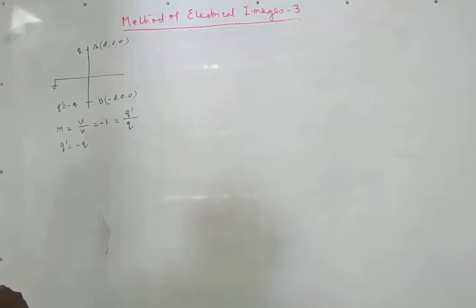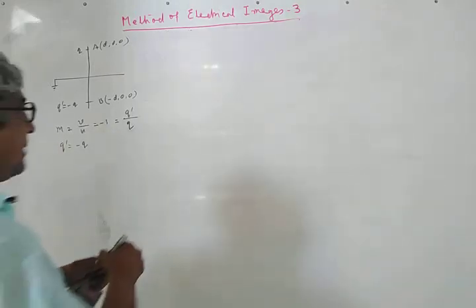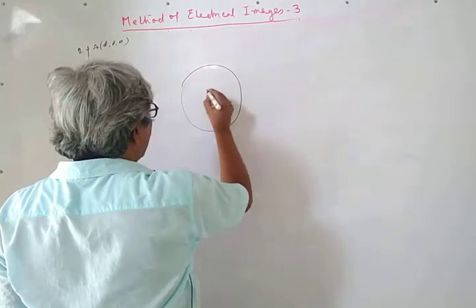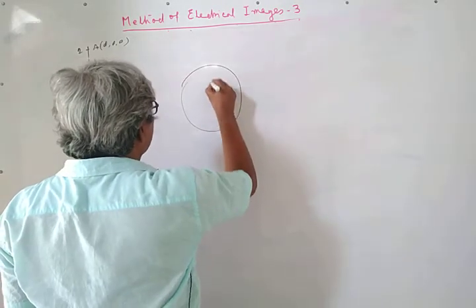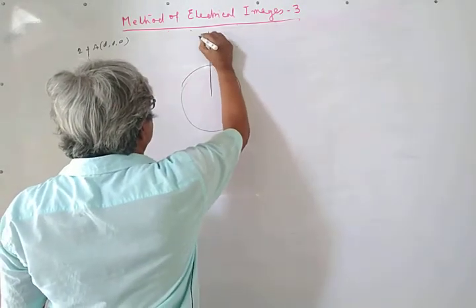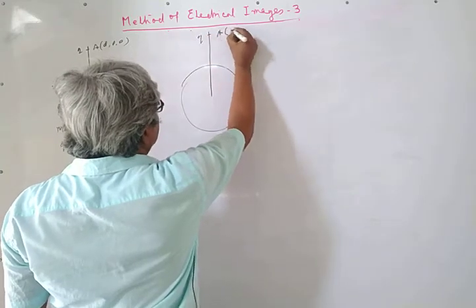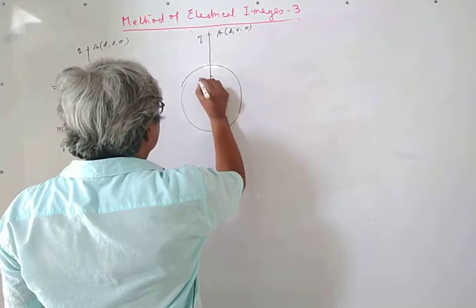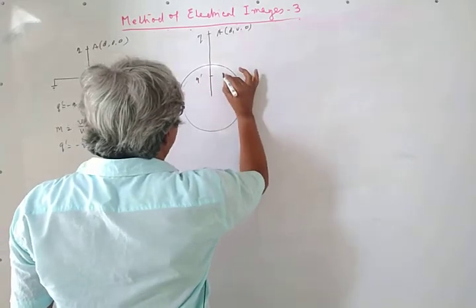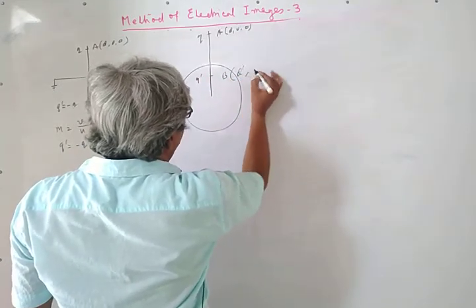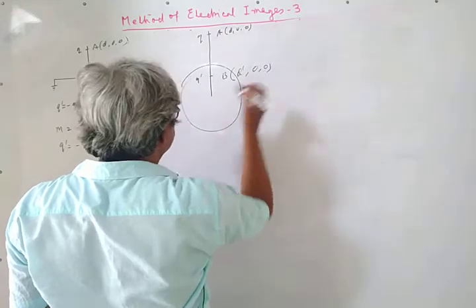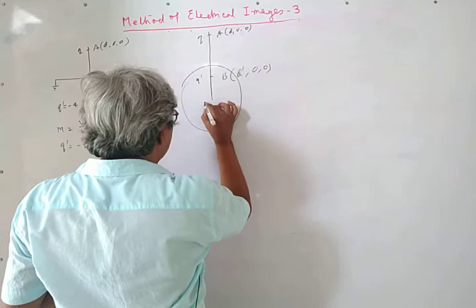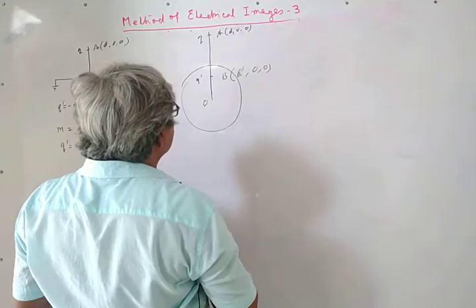Let us now consider the other case, a point charge in front of a grounded conducting sphere. We have a point charge Q at A, which is at a distance d, 0, 0, and we found that the image charge is formed at B at d prime, 0, 0. This is the center.